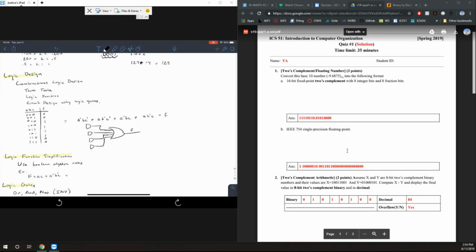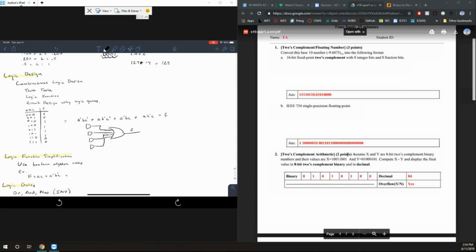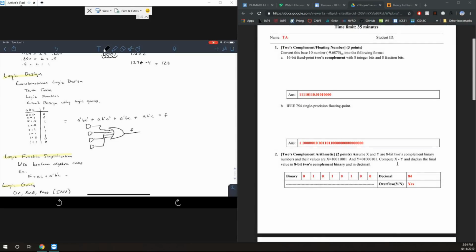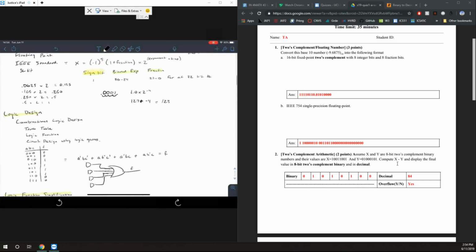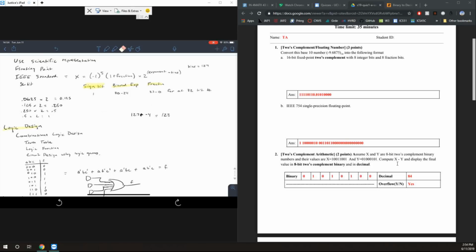Okay, let's do number two. I don't even know if I'm going to do this right, but let's see. You have 1 0 0 1 1 0 0 1, and then you have to flip it and add one, I'm assuming.